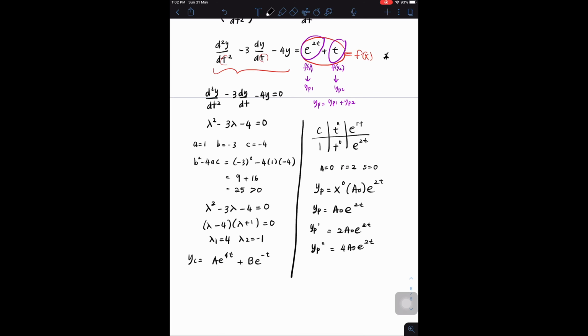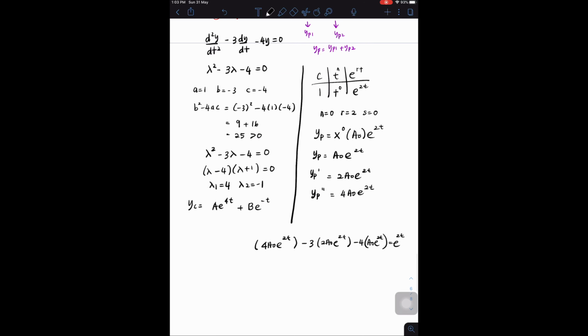Our yp double prime is 4a naught e to the t, minus 3 yp prime, which is 2a naught e to the t, minus 4 times y, which is a naught e to the t, equal to our f(x). Our f(x) is e to the t. This one is the first f(x).